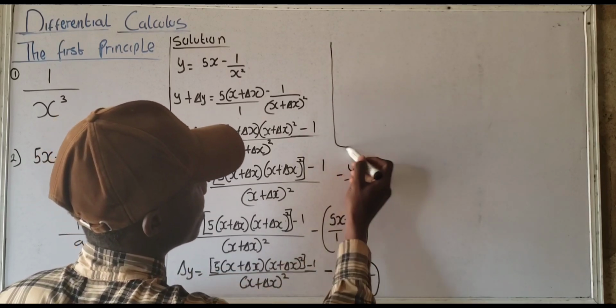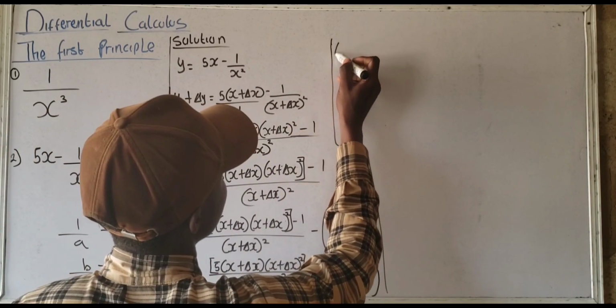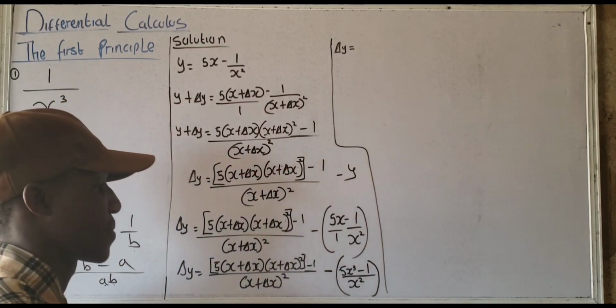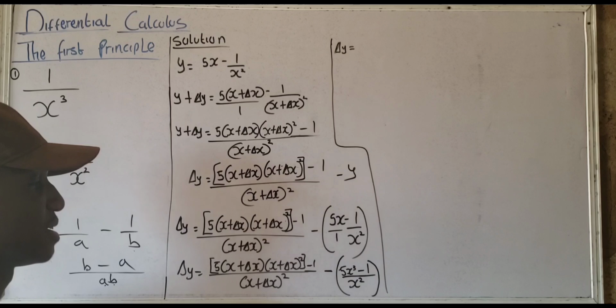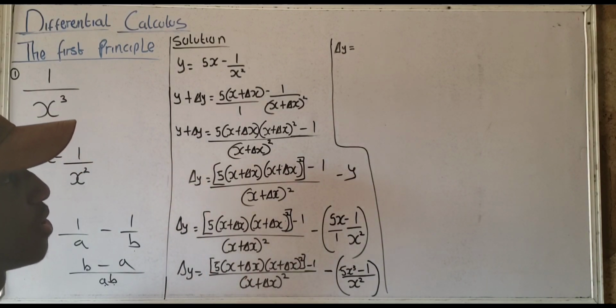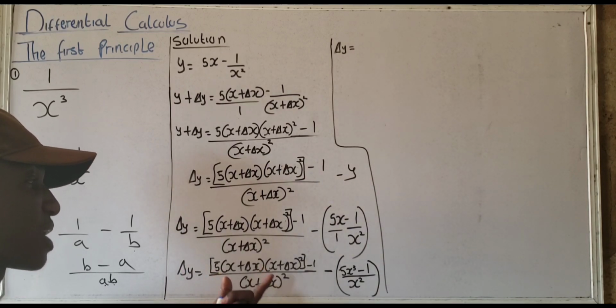Now, please kindly pay attention. From this point, I'm going to have delta y equals, now, we want to expand this bracket. So, I want you to pay attention. It's simple, okay? What we want to do now is that we want to expand this bracket.